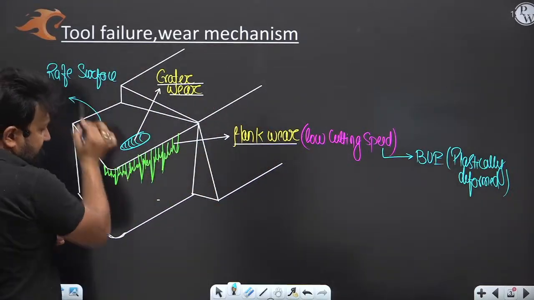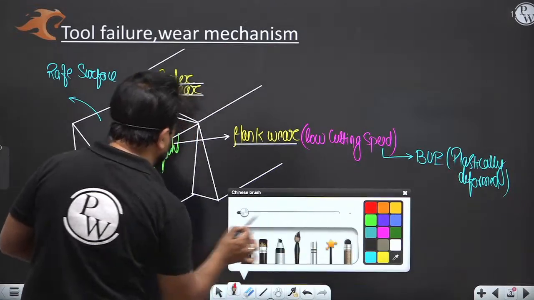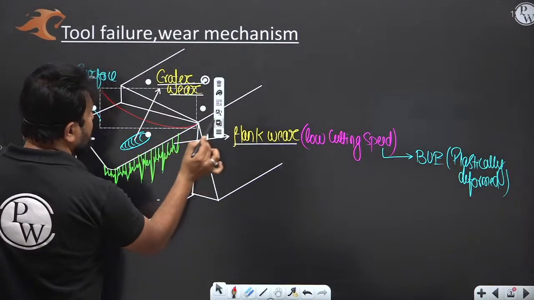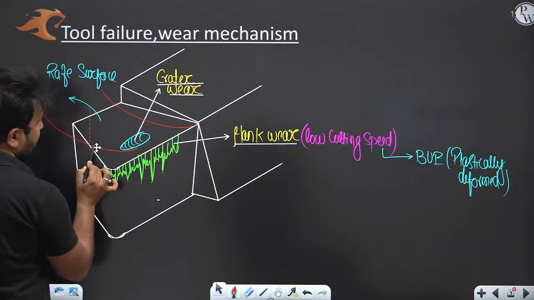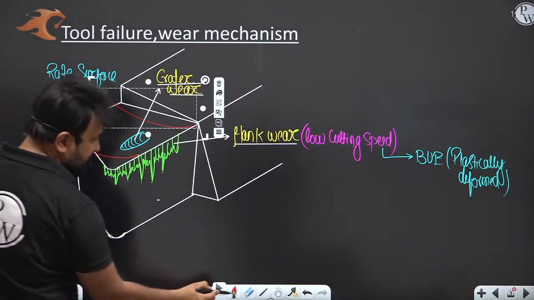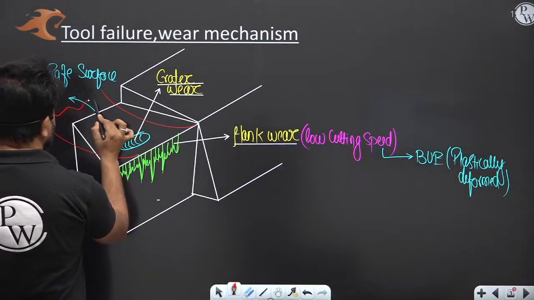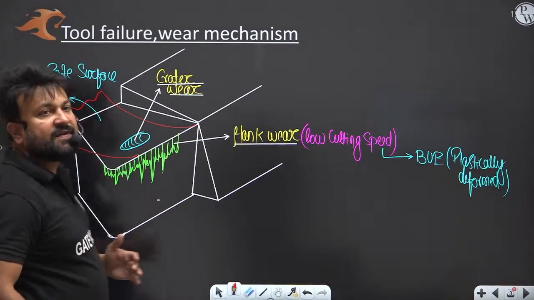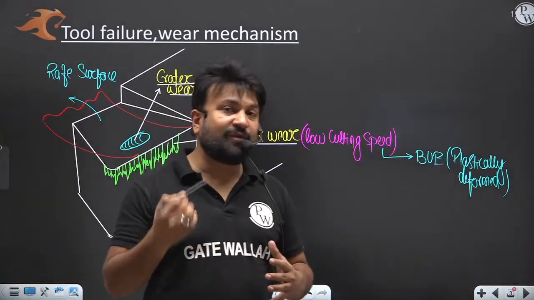And on the rake surface, the chip will flow. The chip flows continuously on the rake surface.